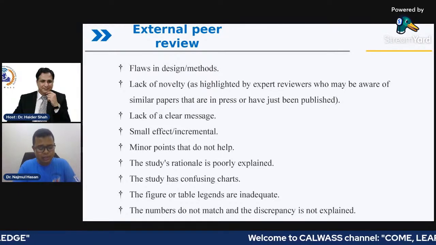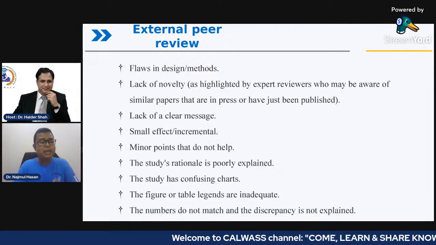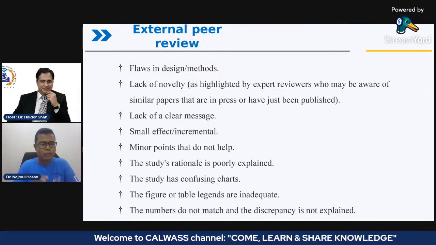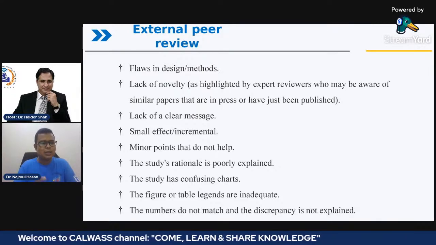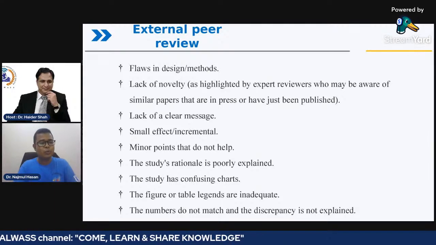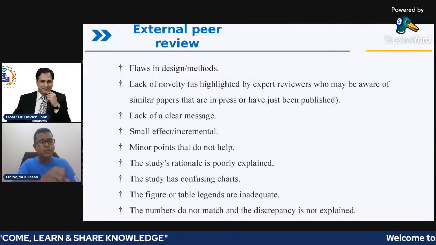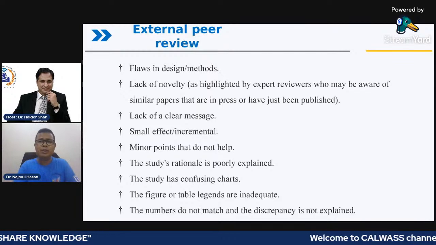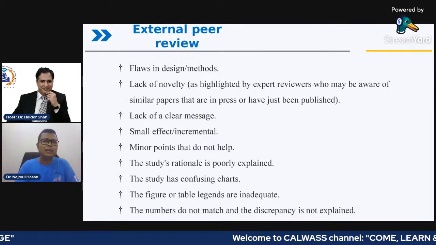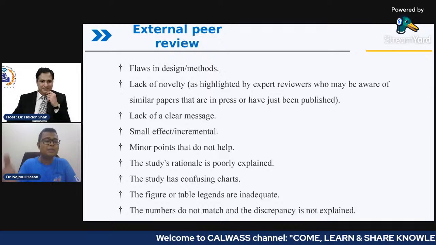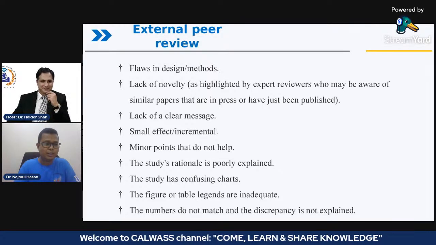On the other hand, reviewers would like to know the main contribution, how your research will contribute to society, to the specific stakeholder. For example, I'm working on circular economy in the RMG sector, I mean the garment sector, the garments industry.